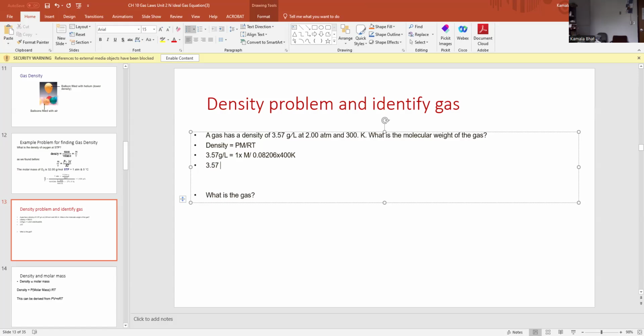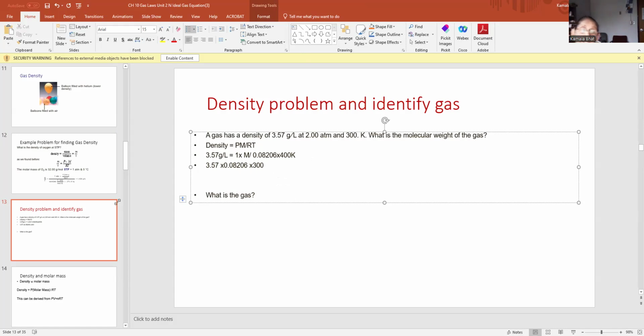3.57 times 0.08206 times 300, and then we solve it and we'll get the molar mass.